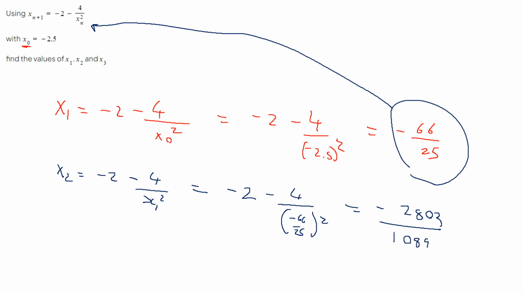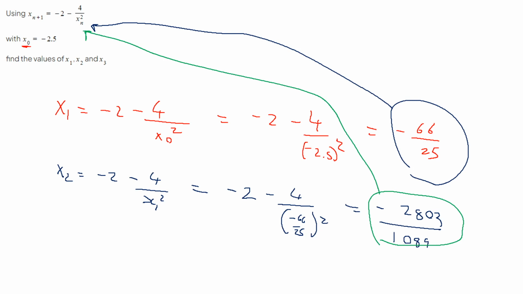And again, just like the previous, all we're going to do is sub it in for n. So x3 is going to be minus 2 minus 4 over x2 squared, which is minus 2 minus 4 over minus 2803 over 1089.